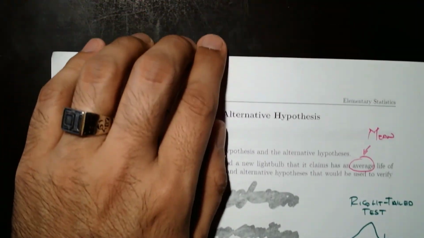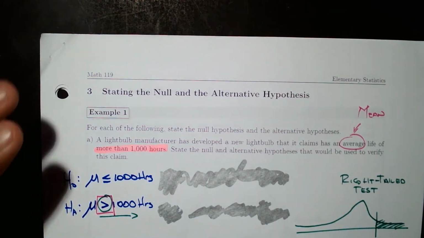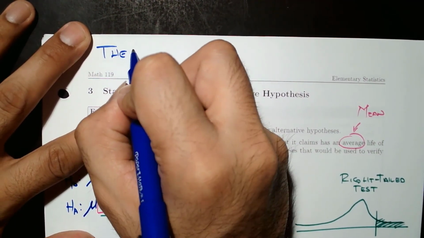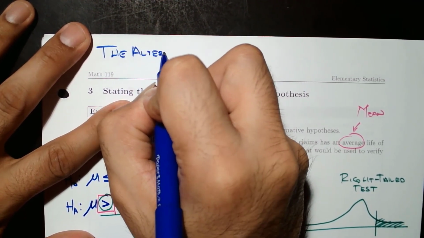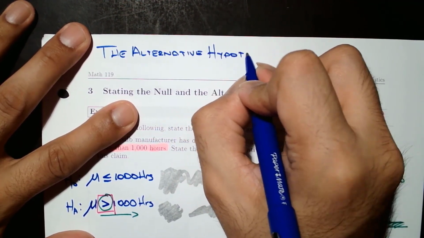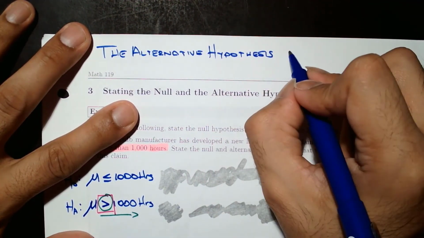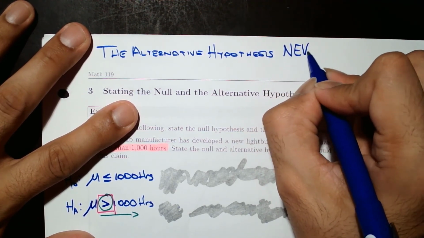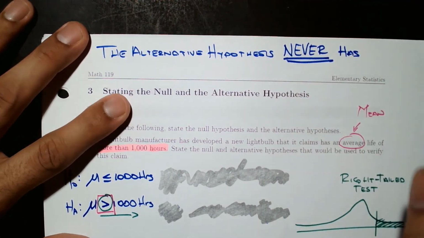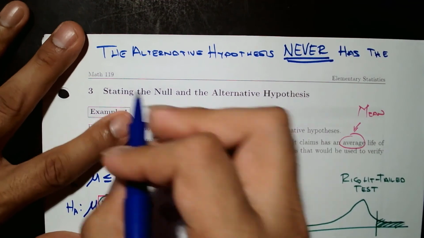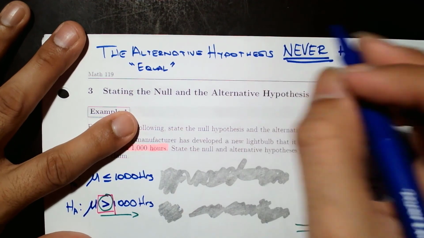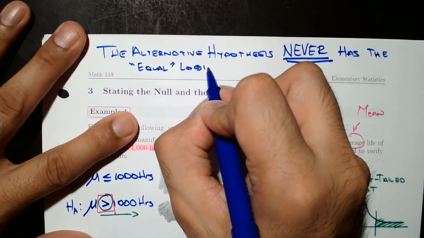Notice, and let me write that as a note over here on the top of the page. The alternative hypothesis never has the equal logical symbol.